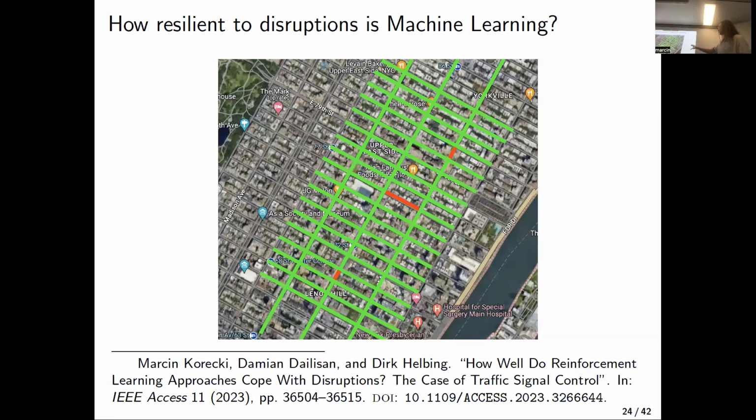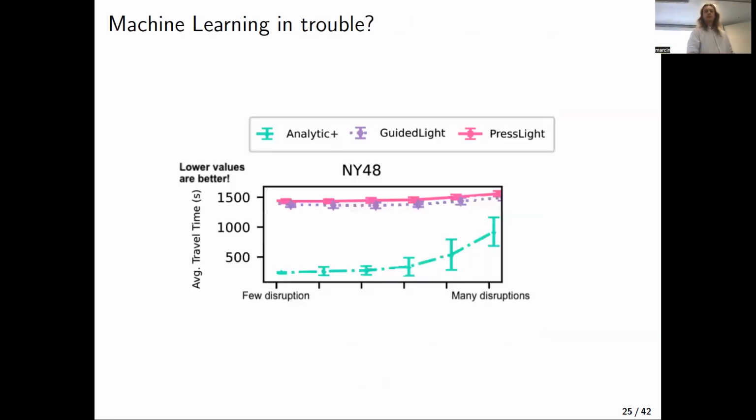And so what we will do, we'll use this network, again New York, and we will take out, as this sort of disruption, some links and reroute traffic around them. So in a sense, we'll say there was an accident or there was roadwork and the traffic has to go around, this road is no longer available.